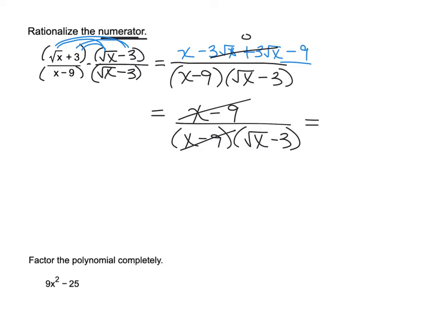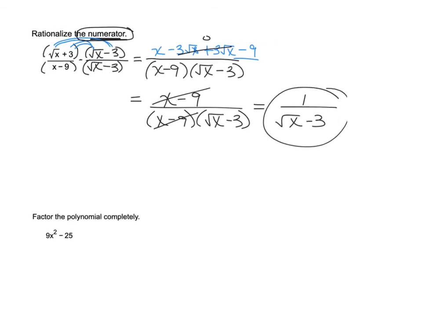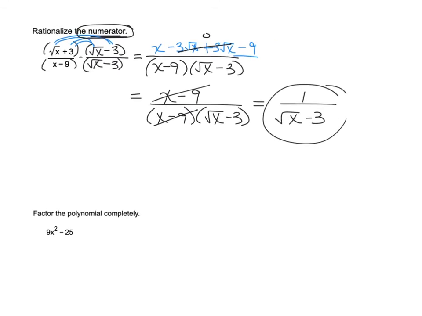So once you've canceled it, your final answer, don't forget, leaves a 1 in the numerator. And there we go. We have rationalized the numerator. Now, yes, there's a square root sign in the problem, but it's in the denominator. My question was wanting you to rationalize the numerator, and we successfully did that. So the one before was rationalize the denominator. This is rationalize the numerator. They're worked the exact same way.